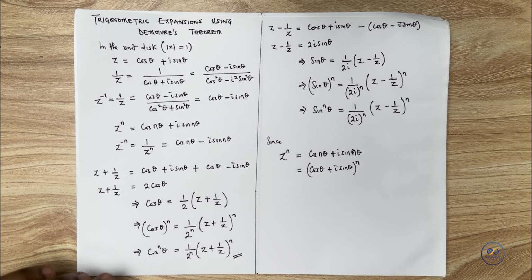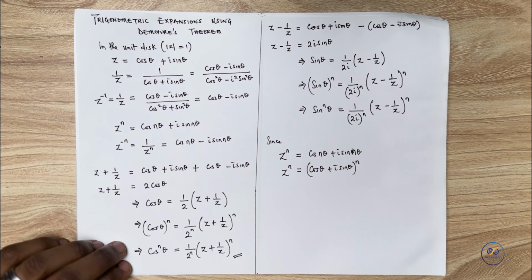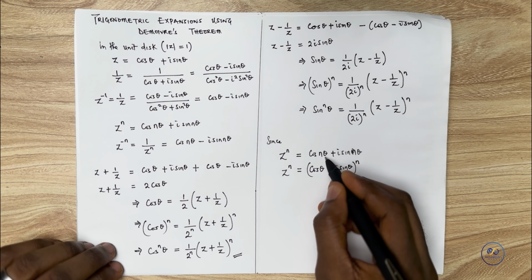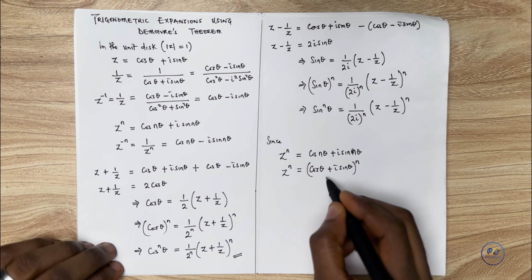Then, in this regard, it would mean that cos n theta is simply the real part of this expansion.